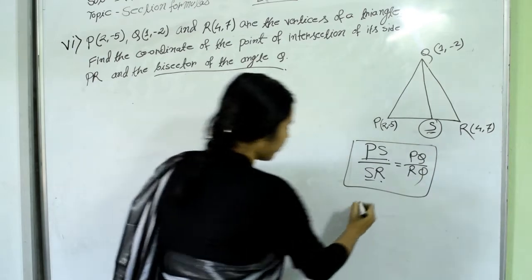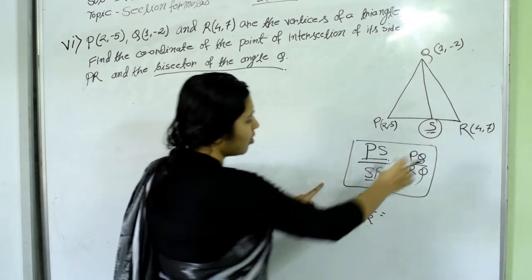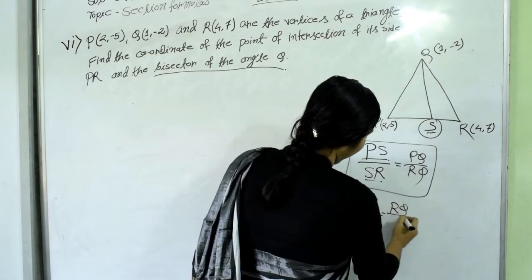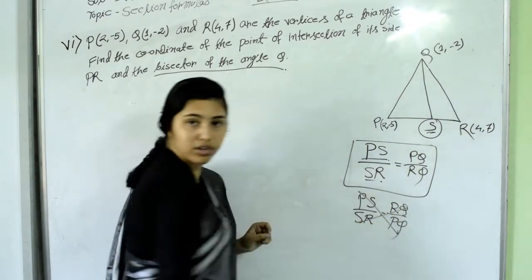If you write PS by SR equals RQ by PQ, it will give us the wrong answer.